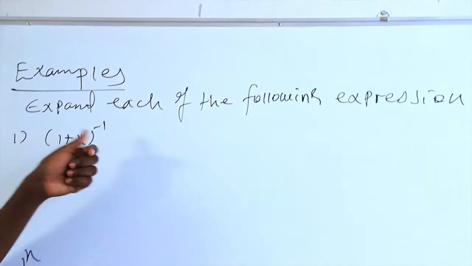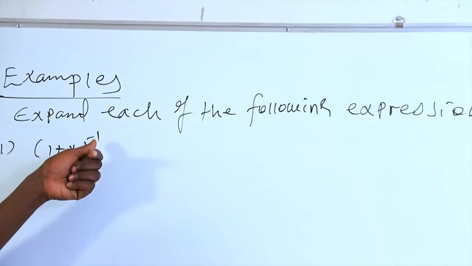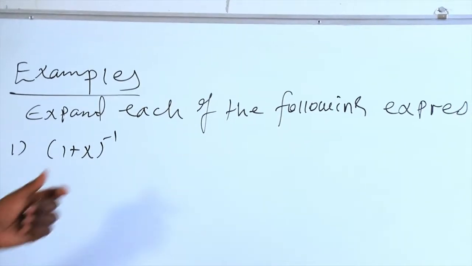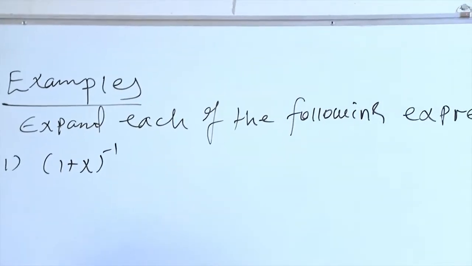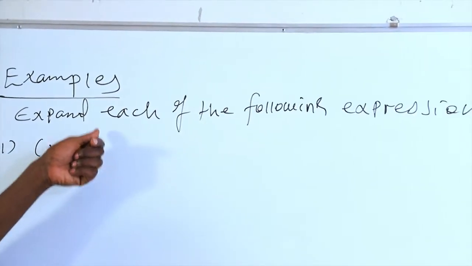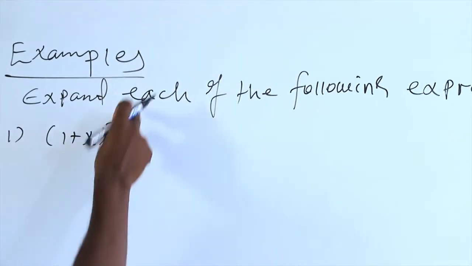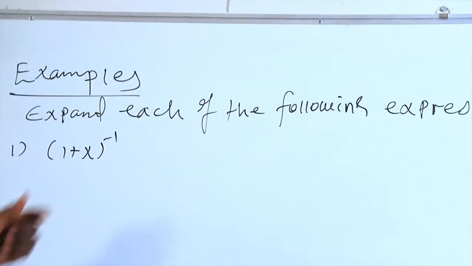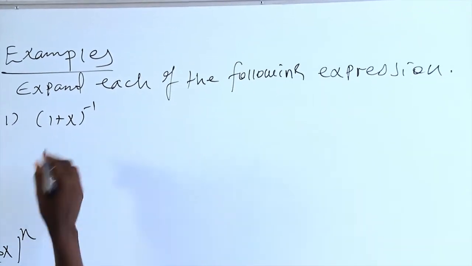And say, for example, expand each of the following expressions as a binomial series. So the first one is 1 plus x to the power of minus 1, because n here works for the binomial series, where n is any real number.